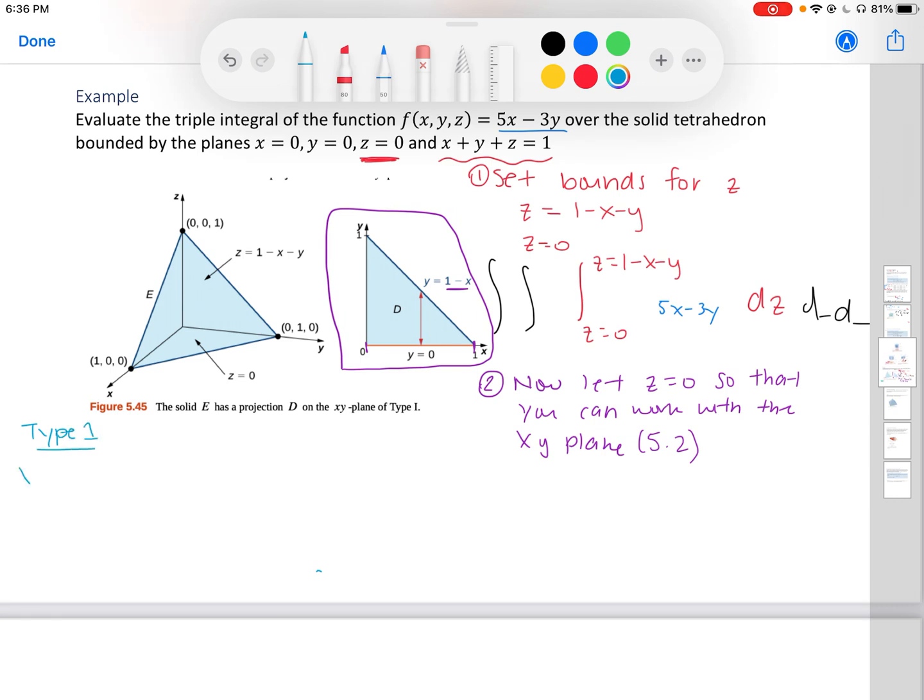So we see that our x bounds are from 1 to 0. Let me just write the integral.